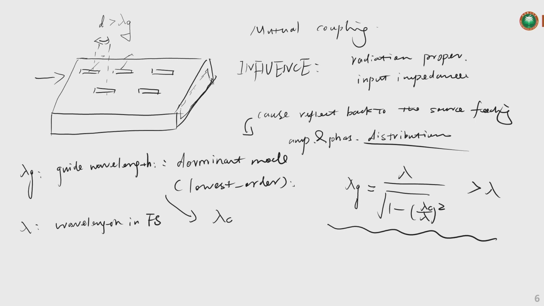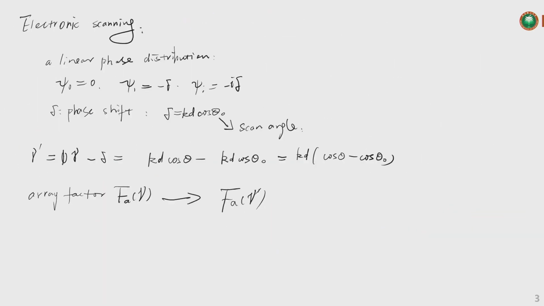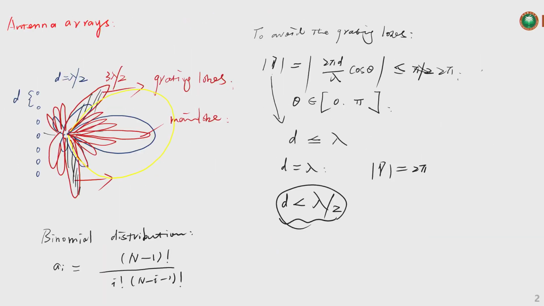Then when we come back to here, the separation of two neighboring components also has restrictions, right?